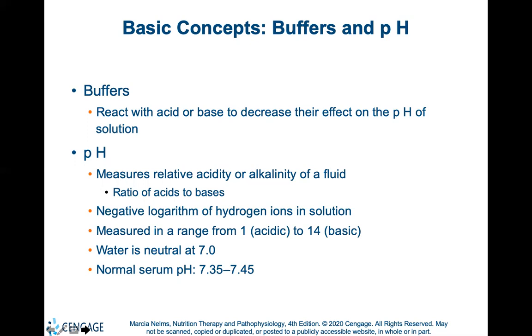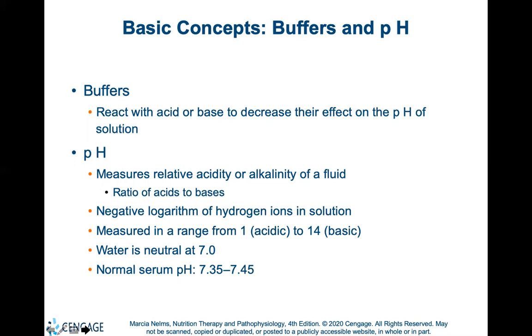Because the scale of hydrogen ion concentration is logarithmic, in order for the pH to change by 1 unit, for example, 3 to 4, there must be a 10-fold change in hydrogen ion concentration. The pH of a substance is measured in a range from 1 to 14.